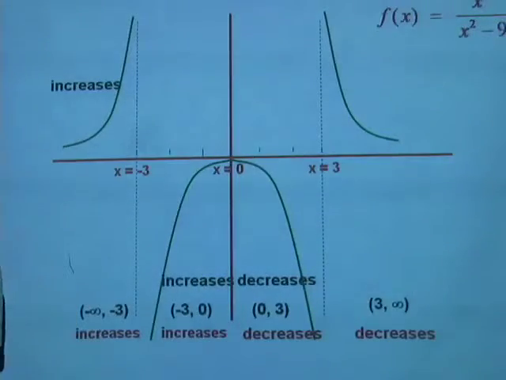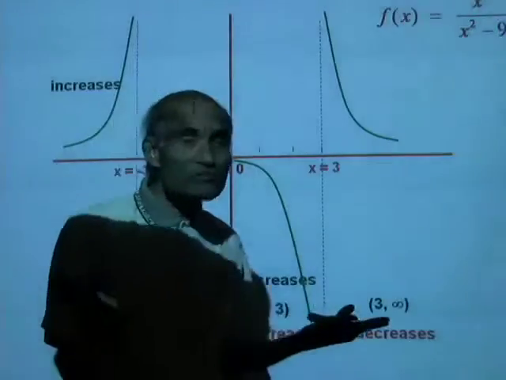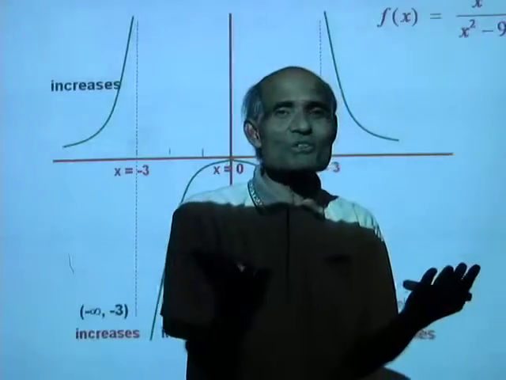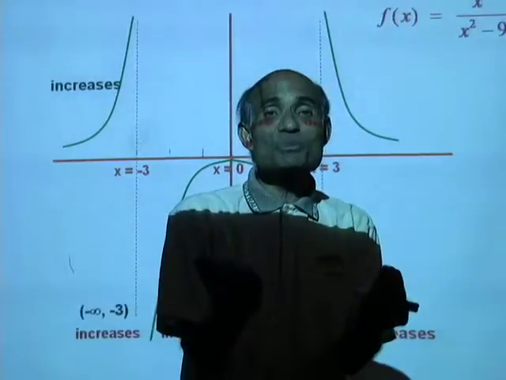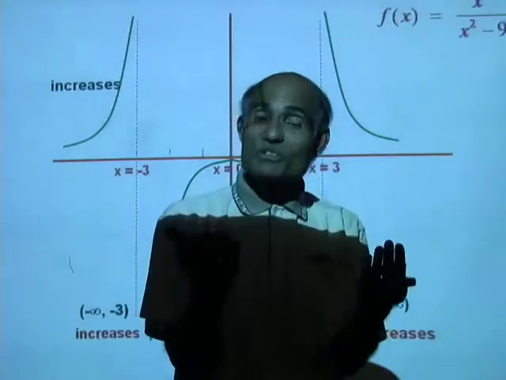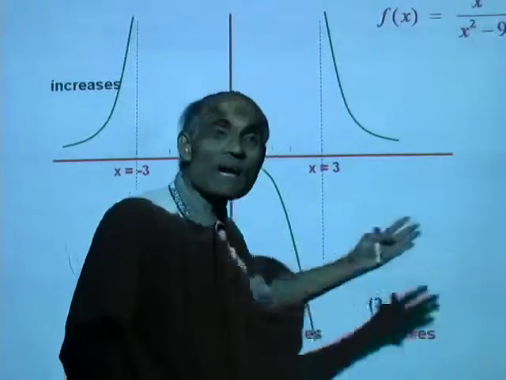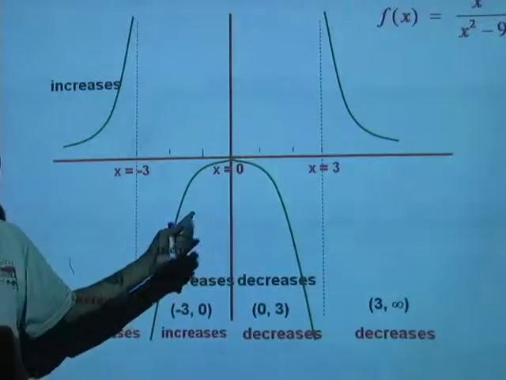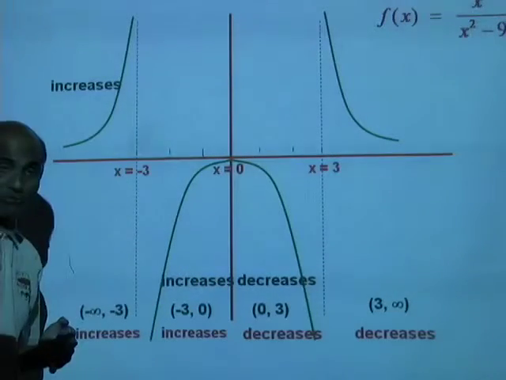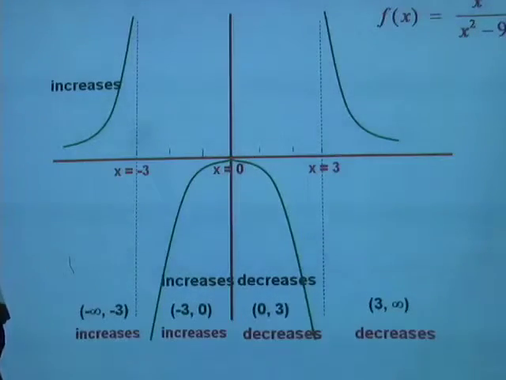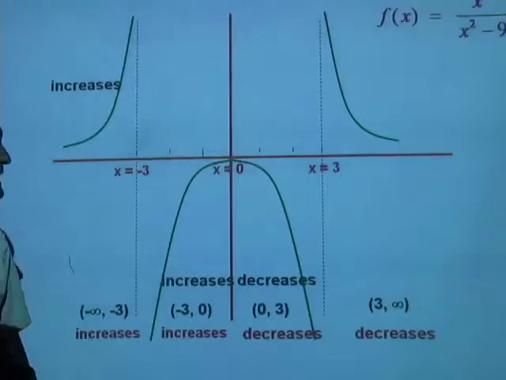Now, how beautiful that is. You see? You don't have to really go to a calculator to draw the graph. The information from the first derivative helps you to plot the graph of the function. Isn't that beautiful? Okay, now try that on the calculator. You have the function on the calculator already, and try and graph it.